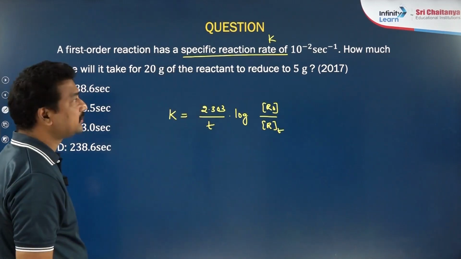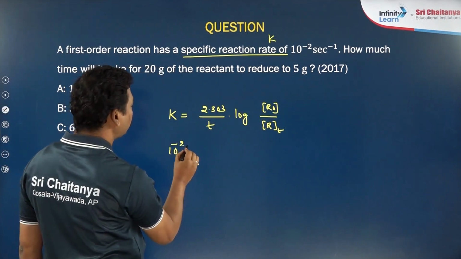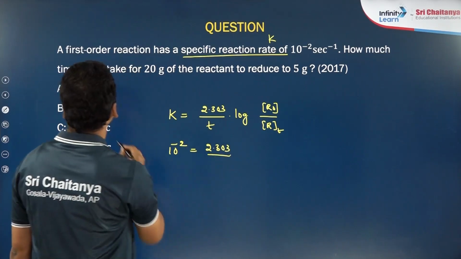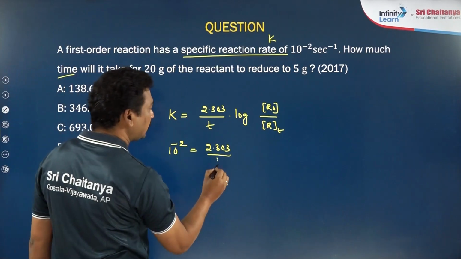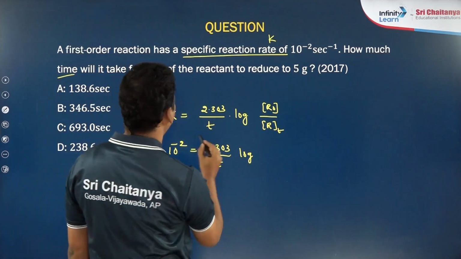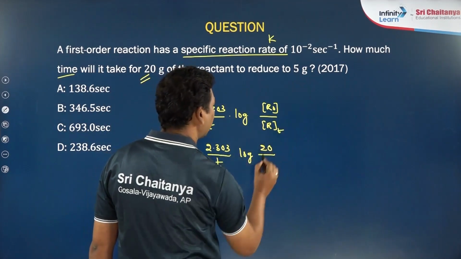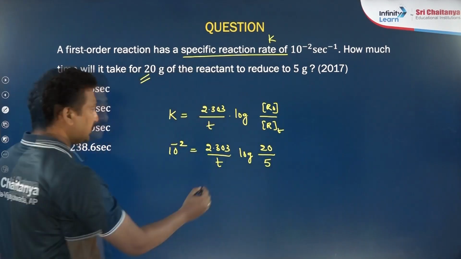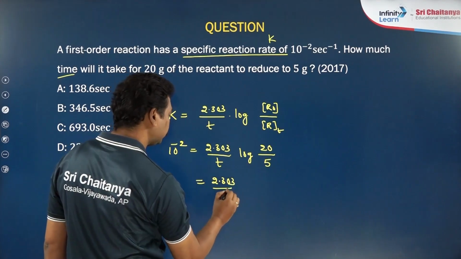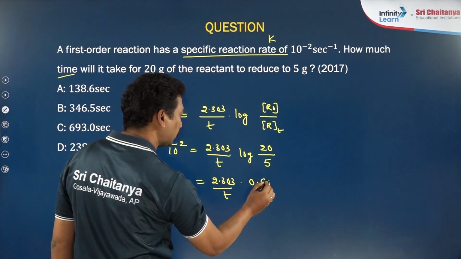Right. So here the rate constant value mentioned is 10 power minus 2. Since they are asking for the time, we need to calculate log to the base 10 of the initial concentration 20 by the remaining concentration 5. That's nothing but the log 4 value, 0.6020.